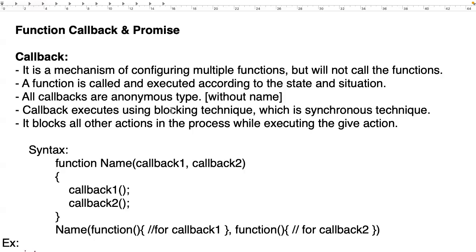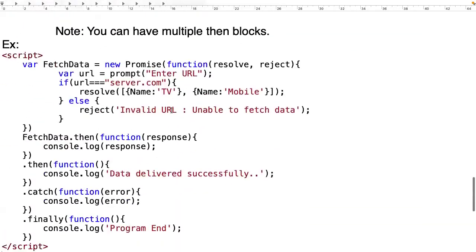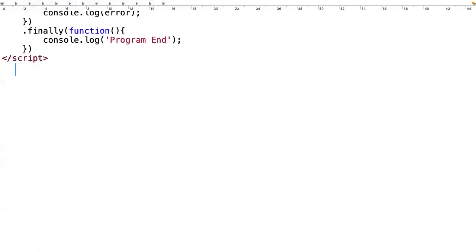I hope everyone understood. Callback contains a set of functions, but executes only what is required for the situation. Promise also does the same. Callbacks will execute in a synchronous way, and promise will execute in an asynchronous way. And important here, in promise we have one more option.